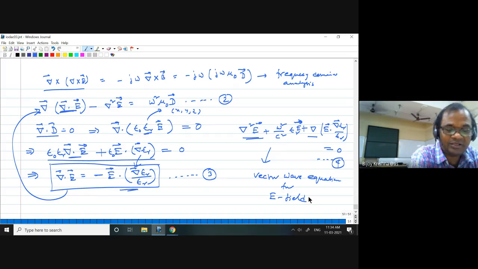But one thing is clear, if you can solve electric field, you can directly go back to Maxwell's curl equation and find out your magnetic field. But this is clear that if you know the information of epsilon r, and if you know which frequency you are operating, omega, then this can be directly considered as a vector equation, and this vector equation again can be decomposed into 3 scalar equations.